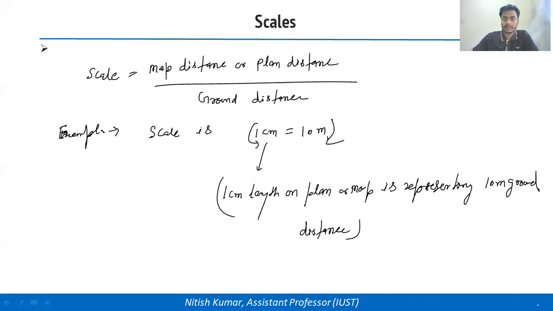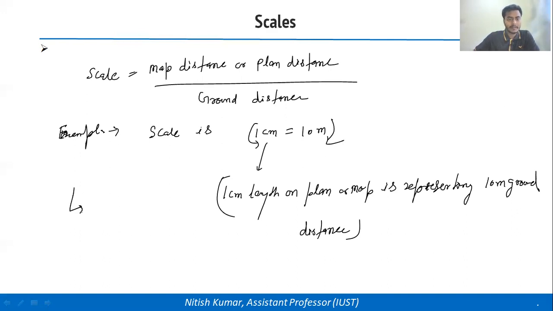It's not directly equal, but you have to understand the meaning. It means 1 centimeter on map distance is representing 10 meter on the ground.